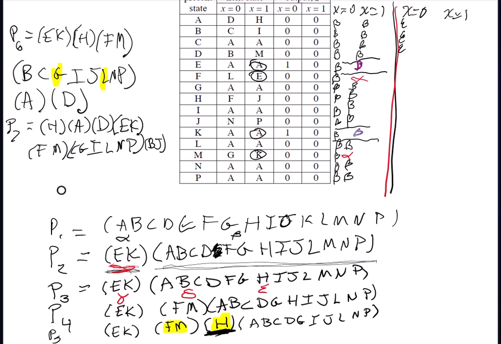And C is A, G is A, I is A, L is A, N is A, and P is A, so they'll stay. Now B has I as its one successor, and J has P as its one successor, and I and P are in the same partition, so that's not going to change.